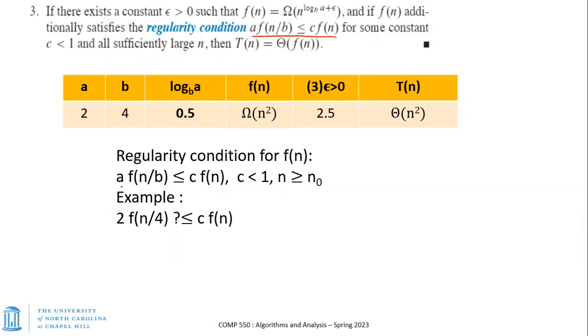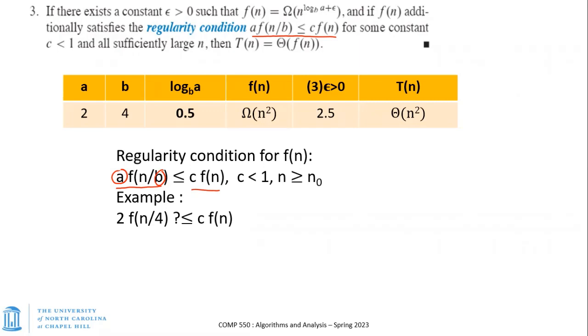We're using the a and the b from the recurrence relation, and we're saying that if you divided up the problem into a smaller problems, and each one of them is smaller by a factor of b, then that has to be less than some constant times the original function.